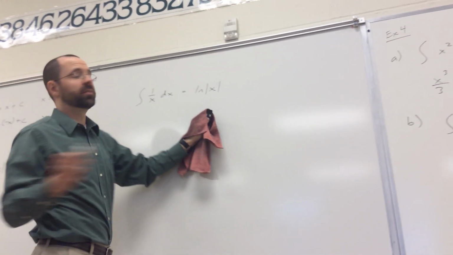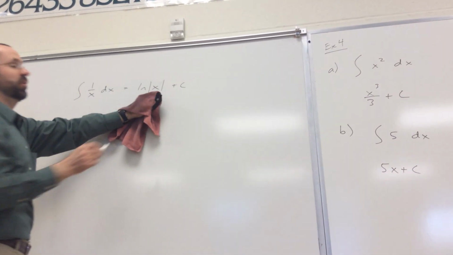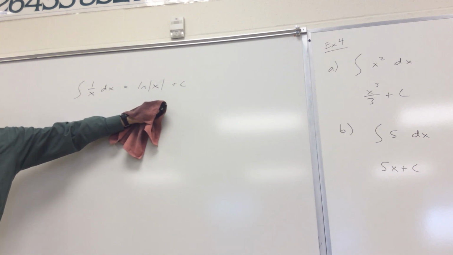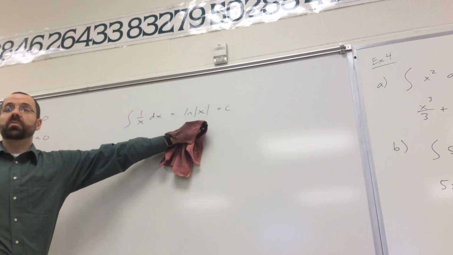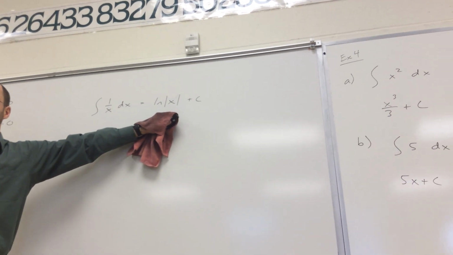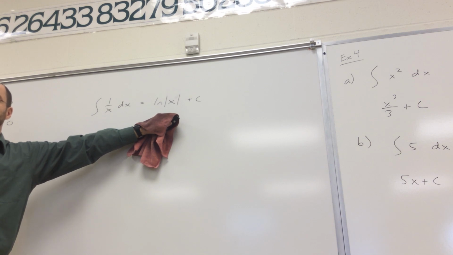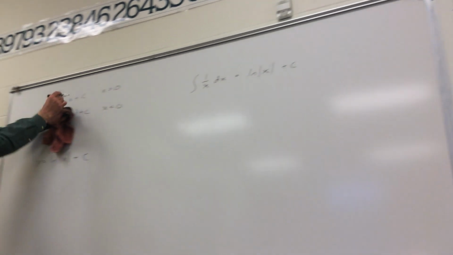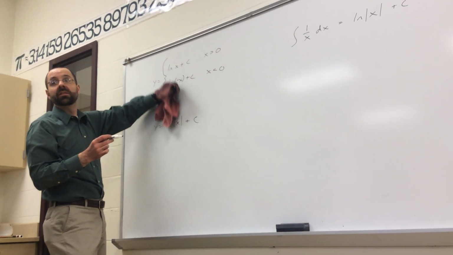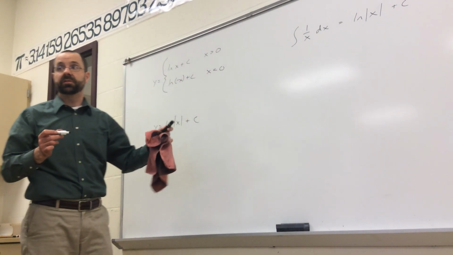And yes, plus c, that's right. But I wanted to focus on the fact that, from here on out, don't forget, when you take the antiderivative of 1 over x, don't forget to put absolute value symbols around the x, because that's the complete answer. If you put this, you're only half right, because you got the other half of it. Is everybody okay with all that?